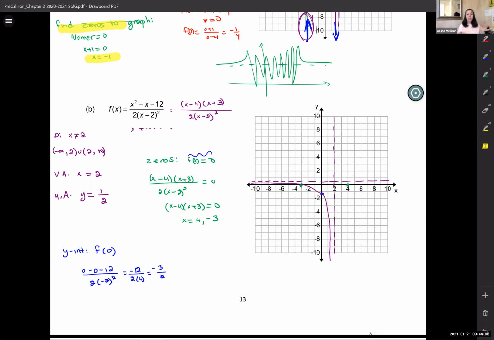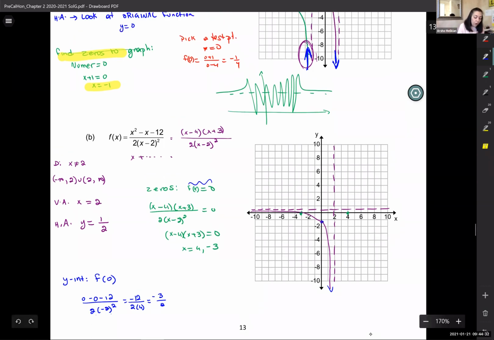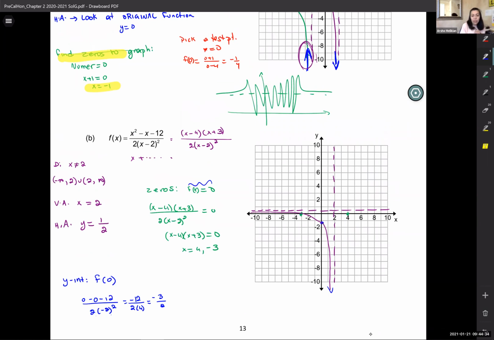Okay, now plot twist. I didn't say this last time because I didn't want to throw too many wrenches in there. You remember how I said when it exits off the screen on the bottom, it re-enters on the top? Remember when I said that? Okay, what's a rule without exceptions, right? So here we go. Where did this asymptote come from, the x minus 2 asymptote?